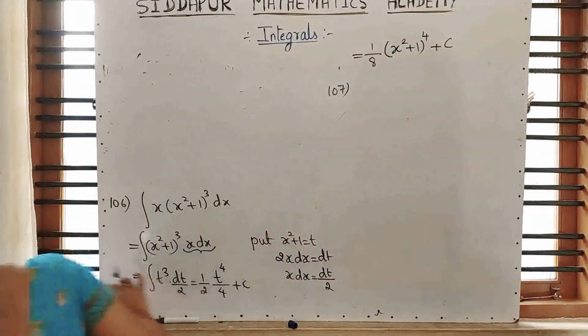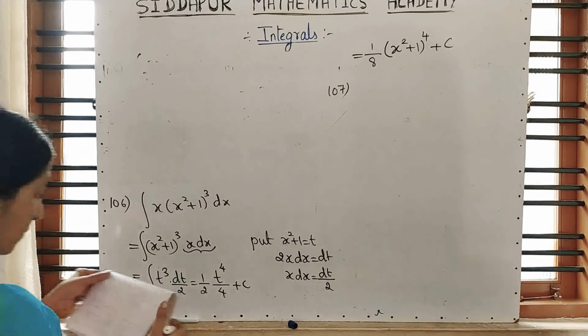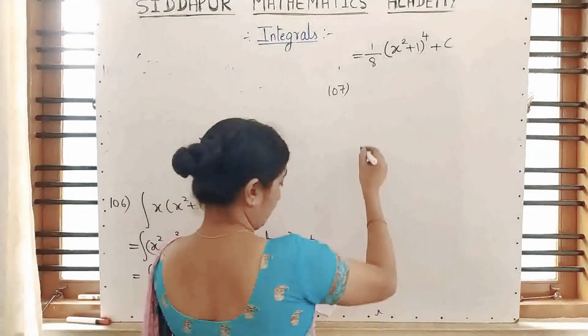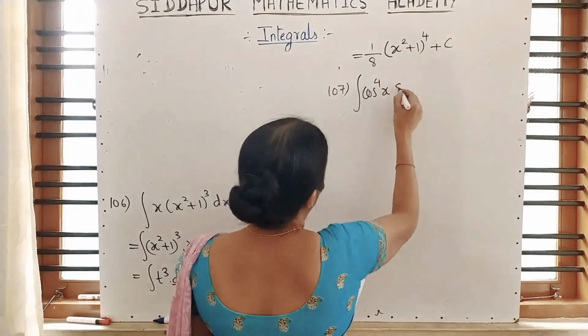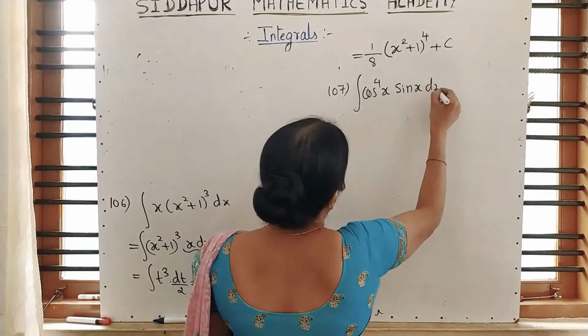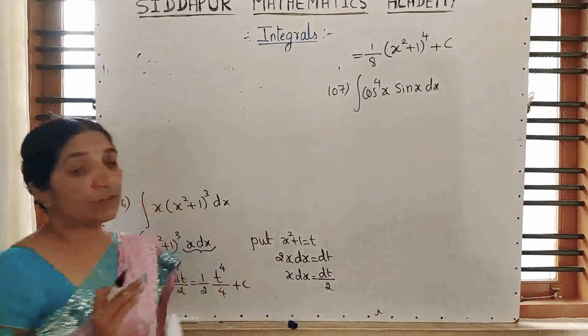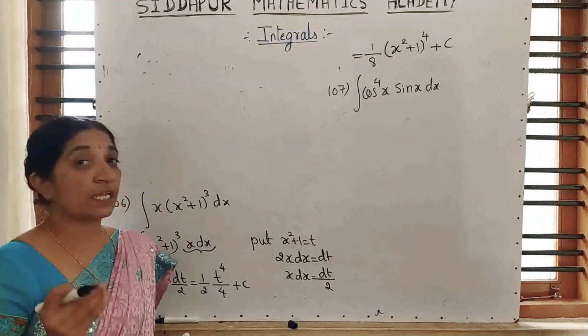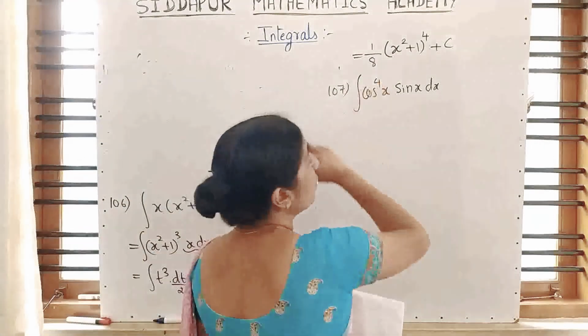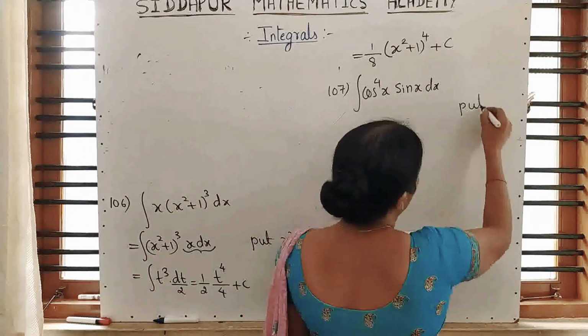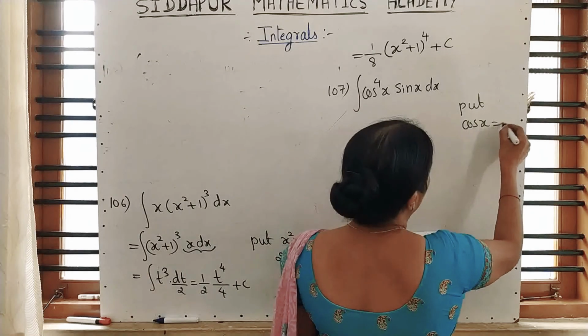107. And see, it is very interesting. Differentiation of cos gives you sine, sine gives you cos. But sine does not give you cos to the power 4. That's why I am writing cos x without the power.